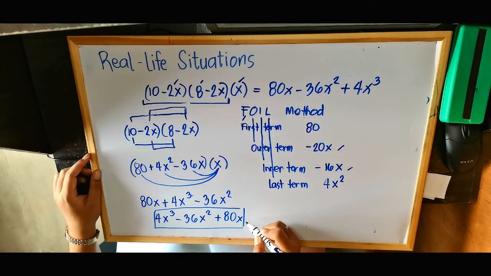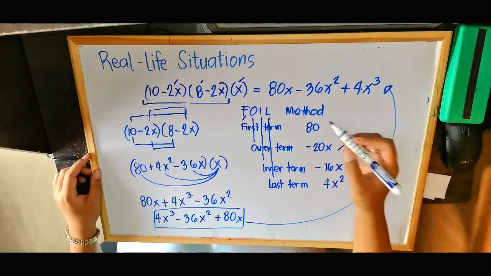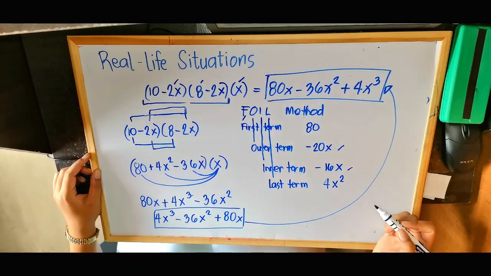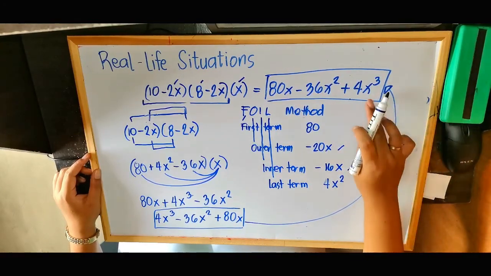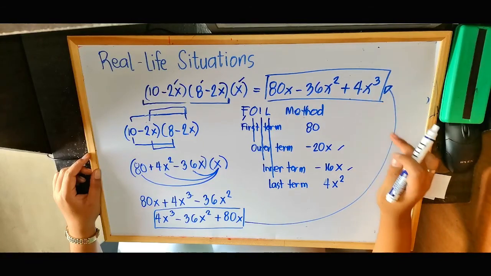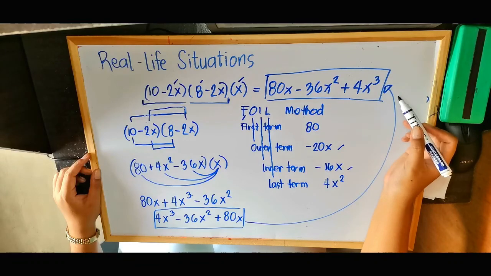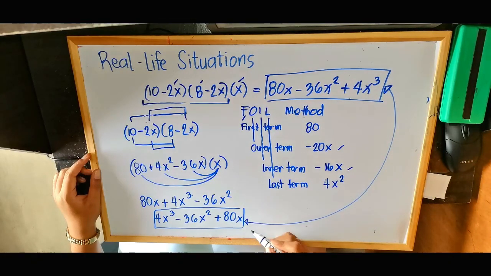So, it is the same as our answer earlier, which is 80x minus 36x squared plus 4x cubed. So, if you notice, in this result, the exponents are in ascending order. But still, they have the same result.